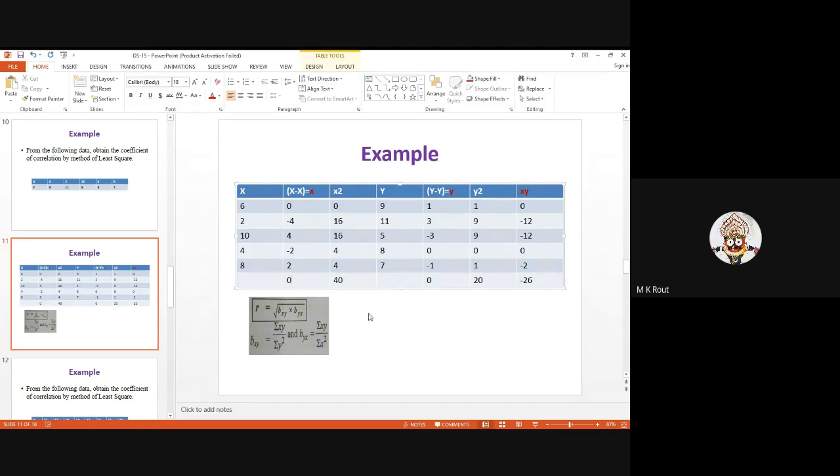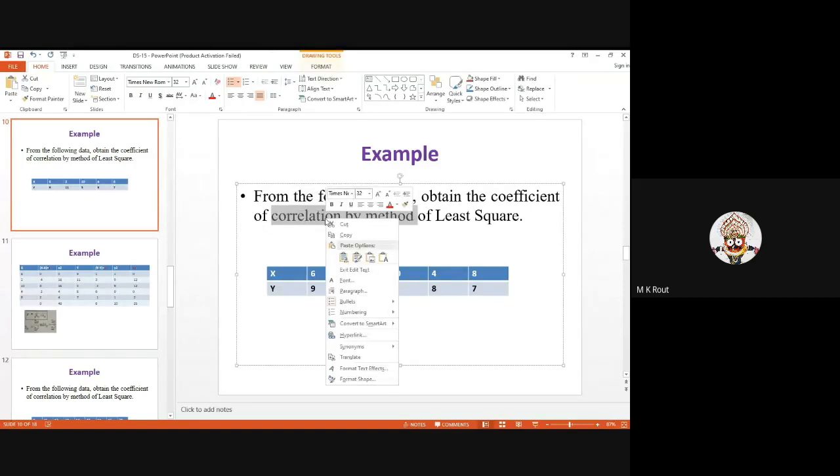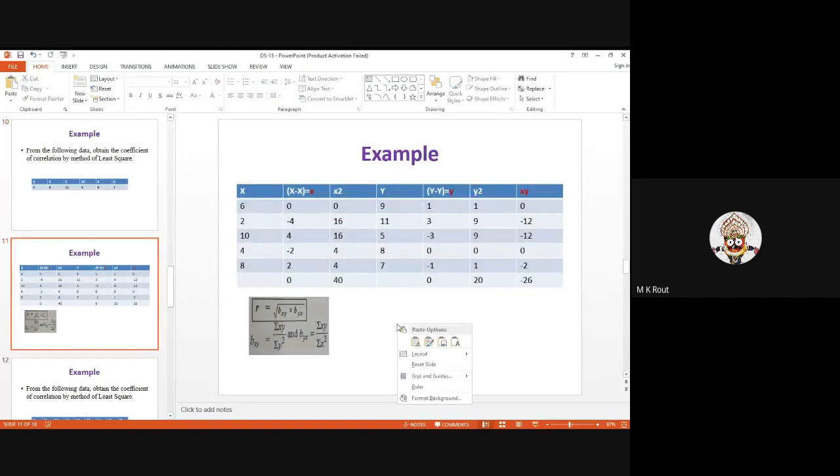I just copy from the previous one, just a minute. What is the value of bxy here? That is minus 26 divided by 20, that equals minus 1.3.